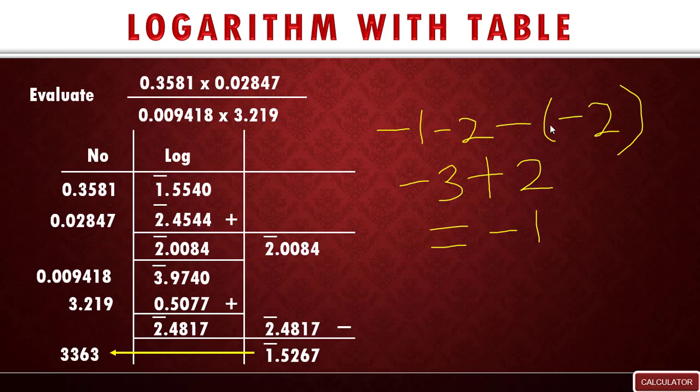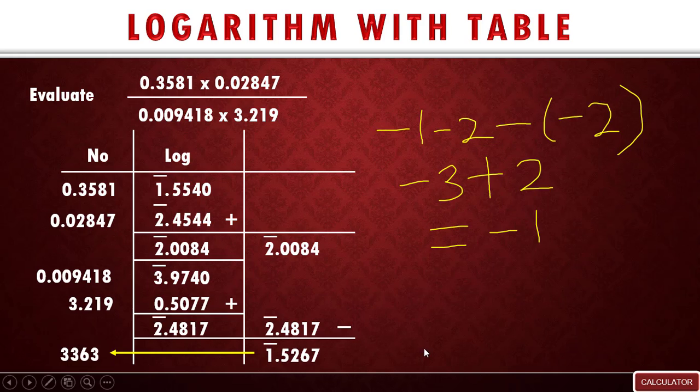So the question will now be, where am I going to put my decimal then? To put your decimal, this is the point whereby you need to add 1 to the characteristic. So the characteristic we have here is bar 1. Bar 1 means minus 1. Minus 1 plus 1, that will give 0.